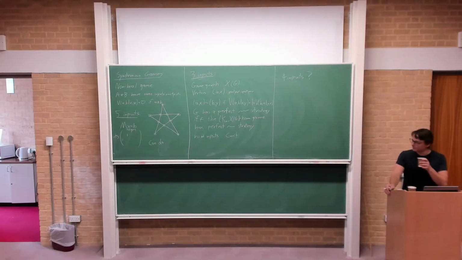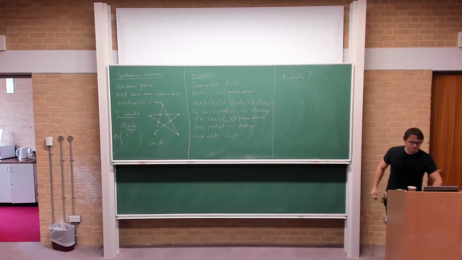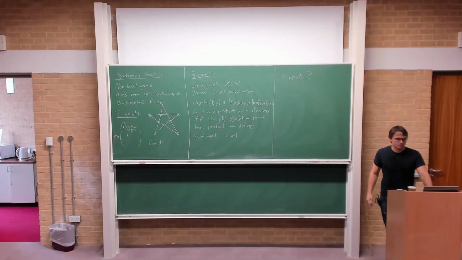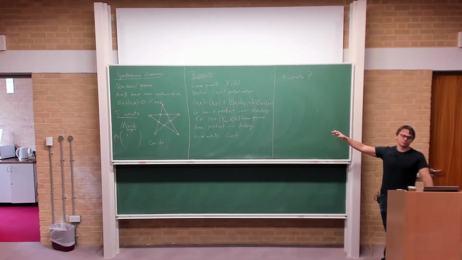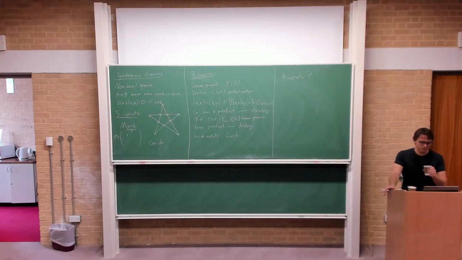Strategies: what are the possible matrix sizes? I guess you could also start asking about outputs as well. I have no idea what that's going to do. I haven't even thought about that at all.